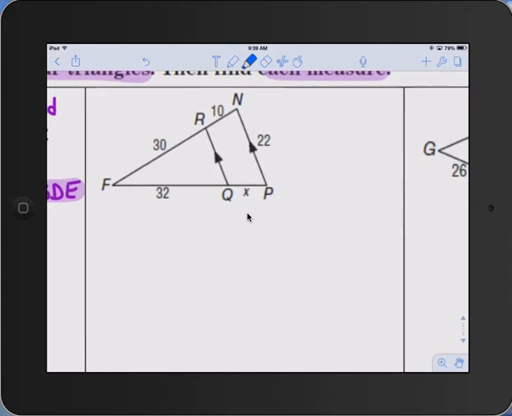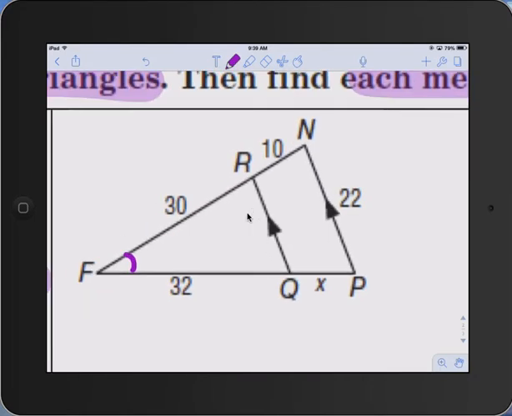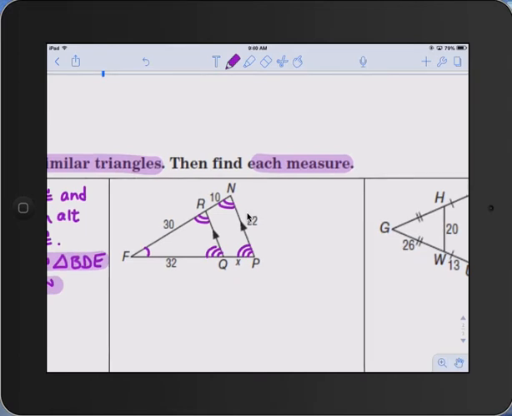Okay, for the next one, we have a reflexive angle up here at F, but we also have parallel lines, which means those two corresponding angles are congruent, and these two corresponding angles are congruent. So you could either use a reflexive angle, or you can just use that if parallel lines are cut by a transversal, then corresponding angles are congruent.